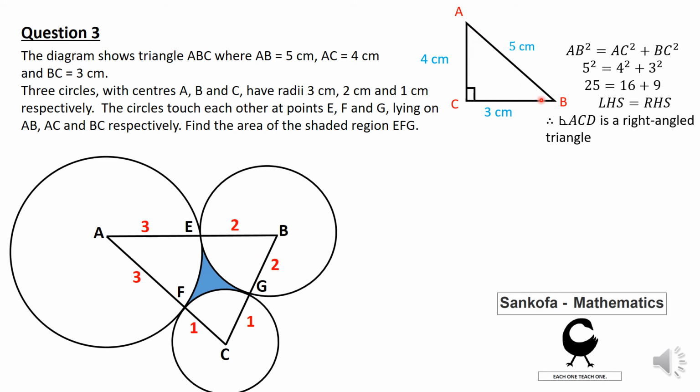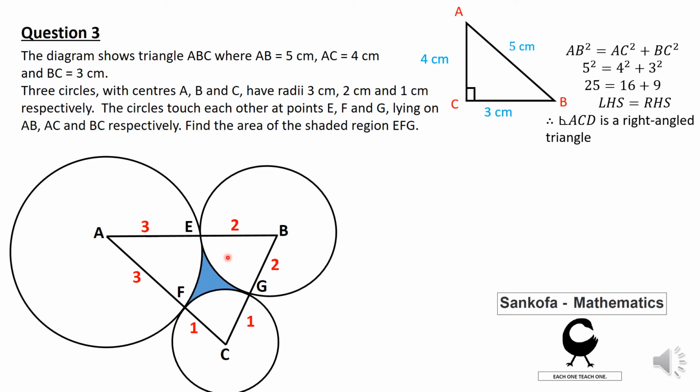Because now I can actually find those missing angles A and B. In order for me to find the area of this sector AEF, for example, I need to know what angle A is. In order to find the area of sector BEG, I need to know what angle B is. Now angle C here is 90 degrees or pi upon 2.